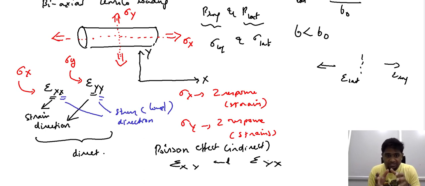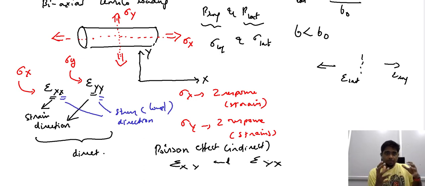We have discussed these responses in terms of strains, so epsilon has two subscripts associated with it. When the subscripts are the same, they are the direct response, meaning they occur along the loading direction. However, when the subscripts are different, they are indirect effects, occurring in the direction perpendicular to the loading direction because of the Poisson's effect.